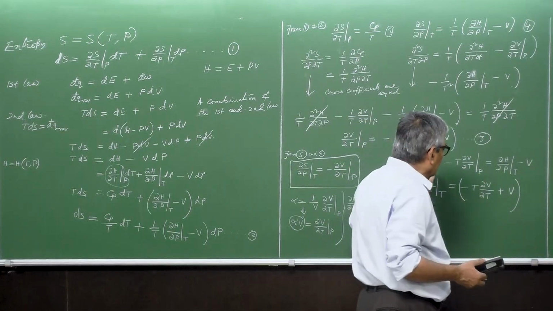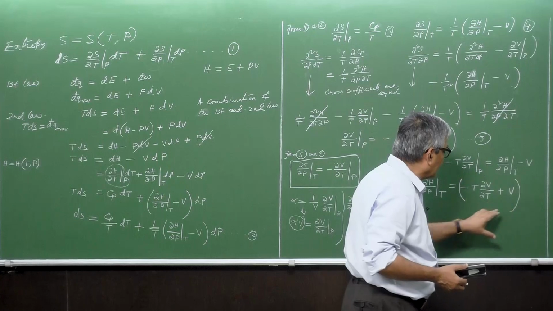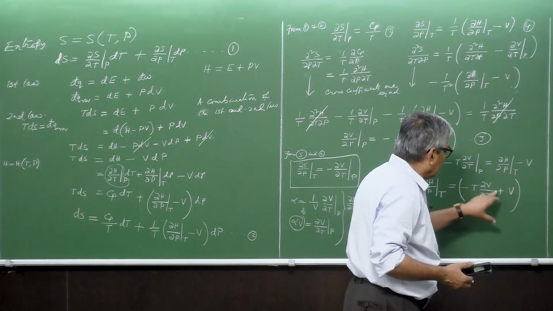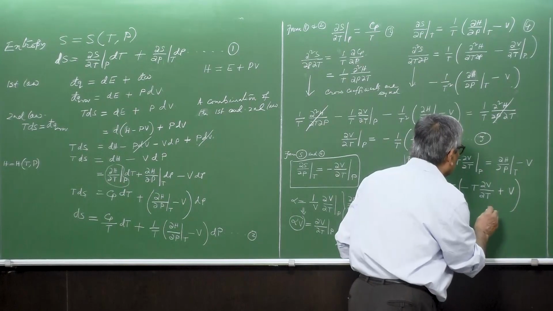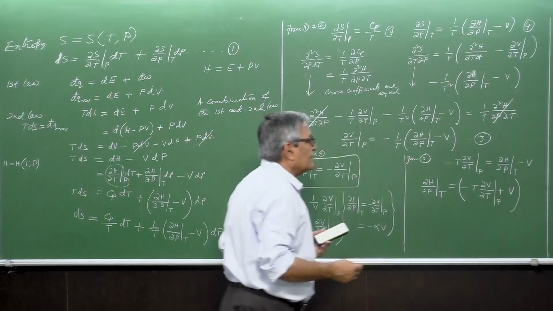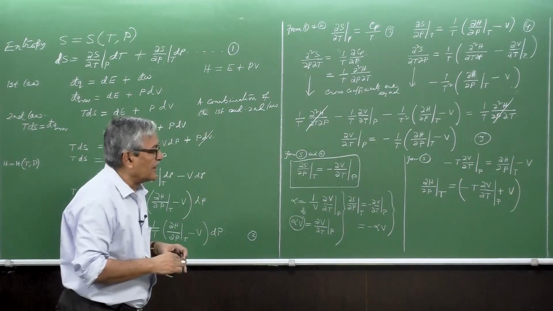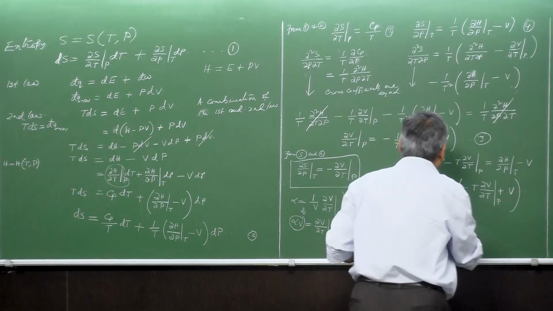Now you see that this quantity can be simply expressed in terms of the change of volume with temperature at constant pressure. So basically, again, a thermal expansion coefficient kind of object. This is another important relation.